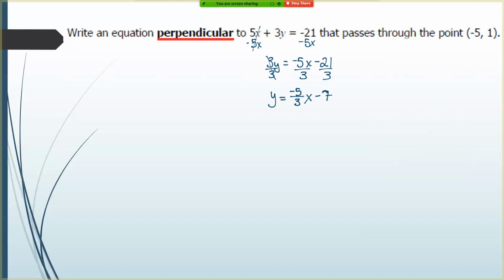So that gives us an equation, y equals -5/3 x minus 7. The only thing that matters to me is this slope right here. Nothing else matters.